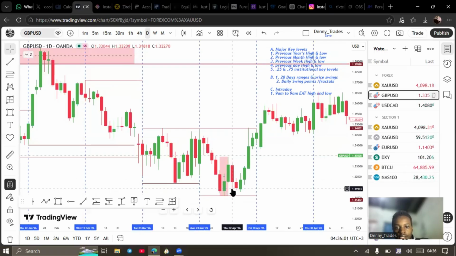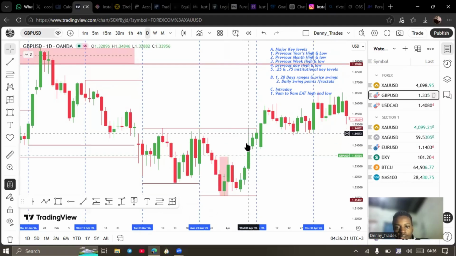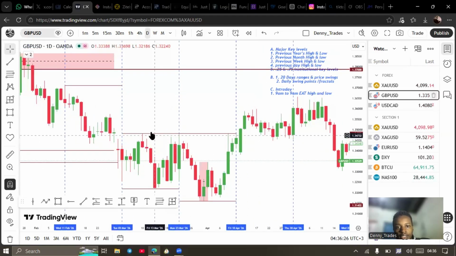But then again, you see it was invalidated when price didn't trade below this low, because this low is a protected swing. Okay, the protected swing. So when price retraced, it didn't trade below this low. Okay, and then price started going up and traded above the previous 20 days range high.